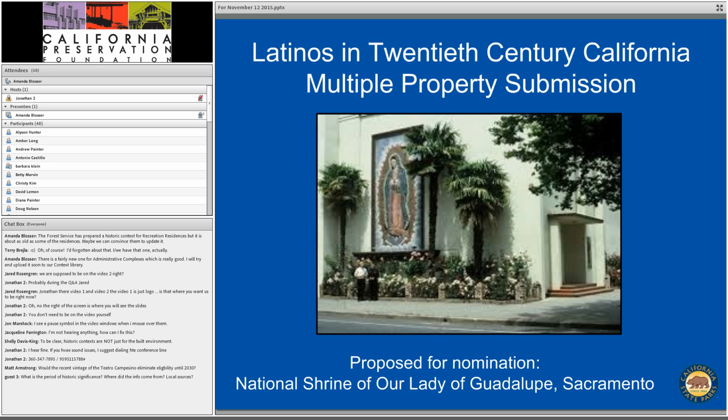So you could go on and on about the architecture of the church, perhaps, if it was significant. You could go on and on about the role this church has played in the Sacramento community. That's another possible context. But of course, for our purposes here, I think its most significant context is to look at it within the labor movement of the 1960s.